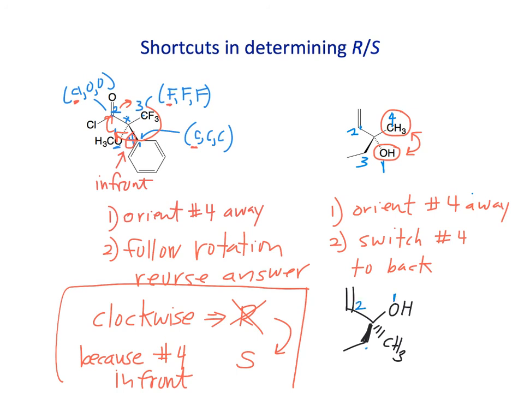So now these are ranked 1, 2, 3, 4. Okay, we look at the rotation. And so that's going to be 1 to 2, 2 to 3, 3 back to 1.